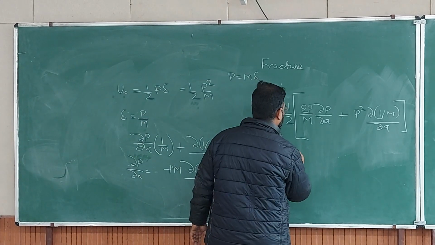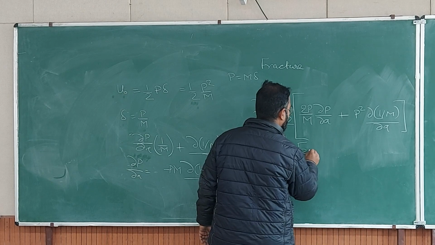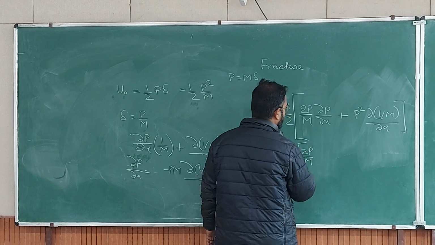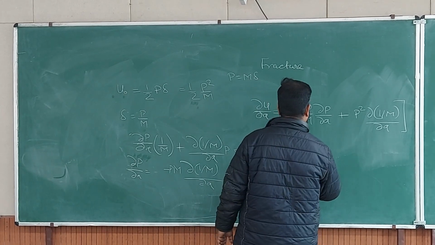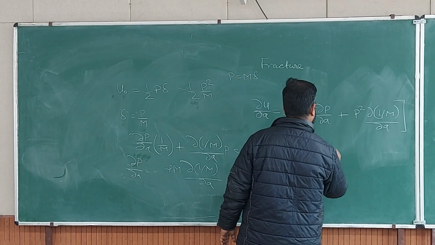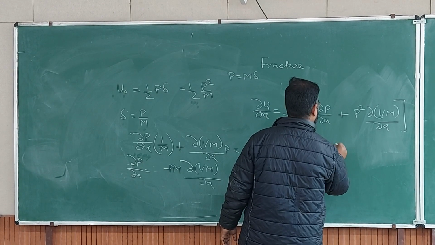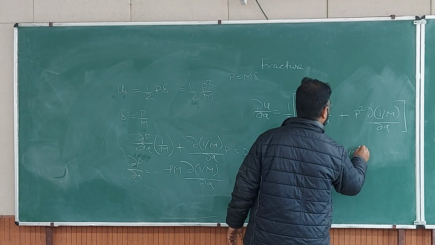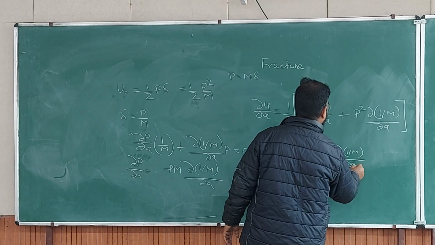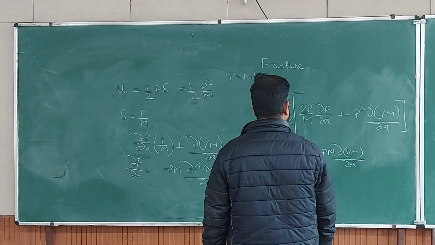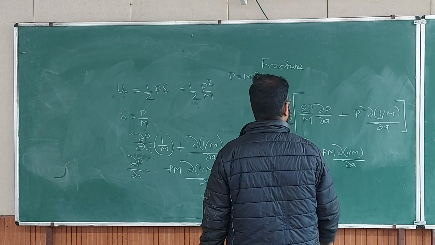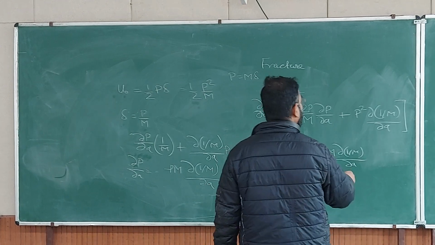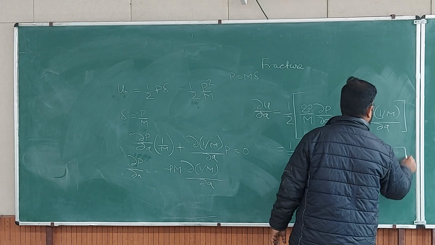So if you put that here, then we have 2P by m, and then we have minus P m del of 1 by m by del A. Anything missing? 2P by m, P m, and then this.